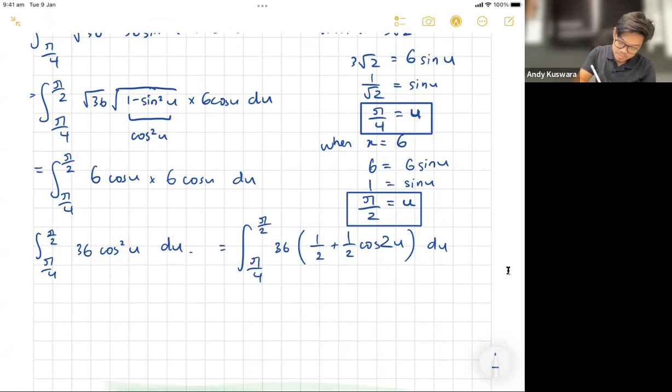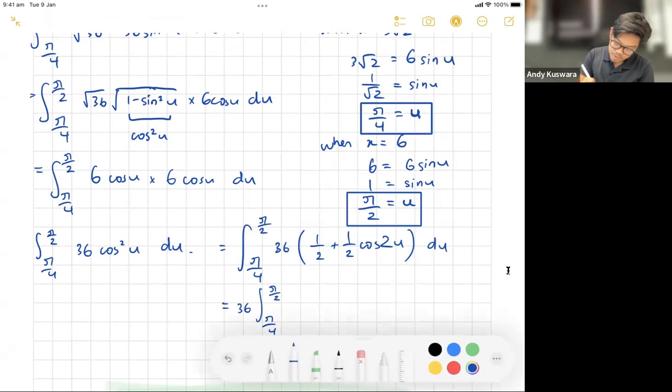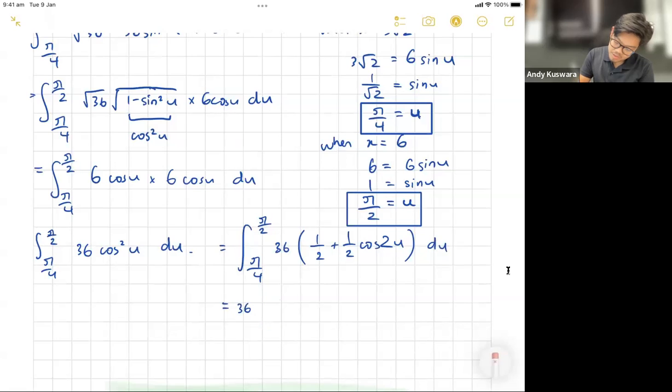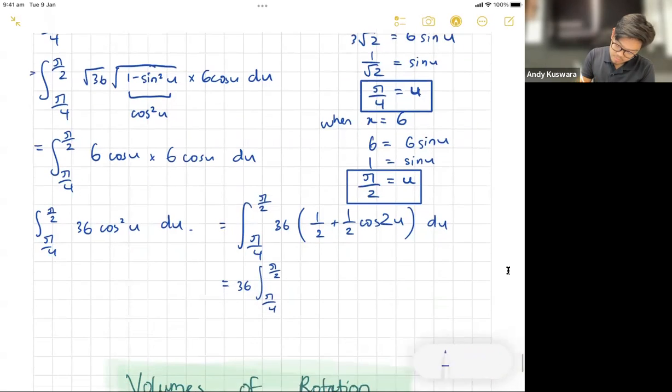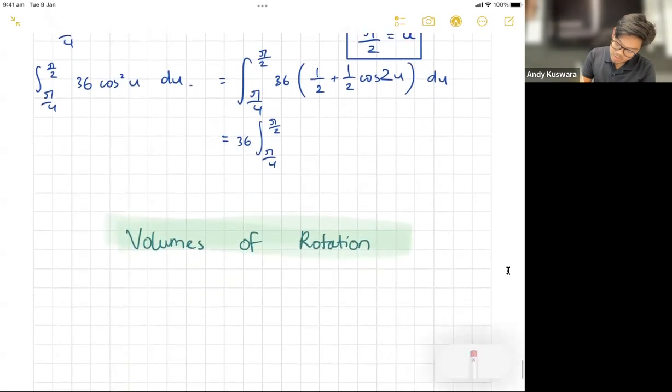Okay, so if I was to integrate this, I'm going to put the 36 outside here, pi on 2, pi on 4. You know what, I'm just going to go straight for it. I'm going to integrate it straight away. So taking the 36 out, that's going to leave me with, you know what, let's keep it in then. All right, there's my next one.